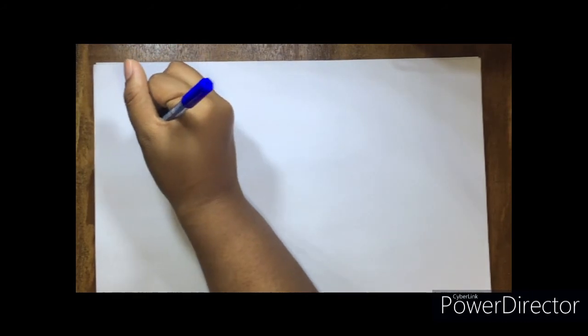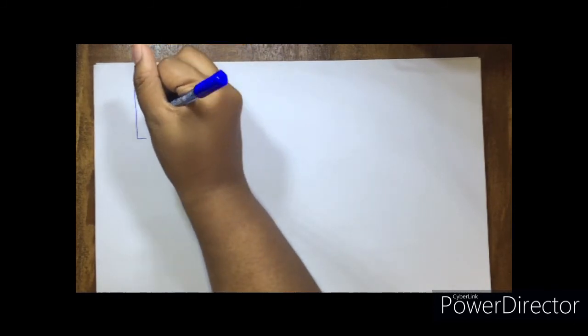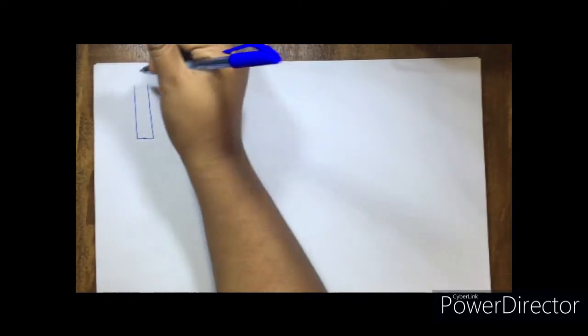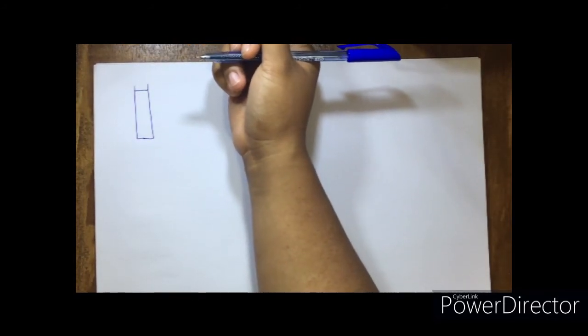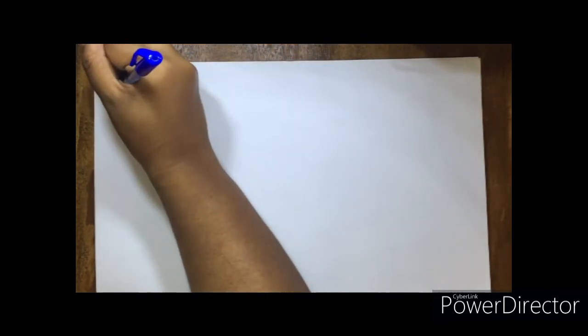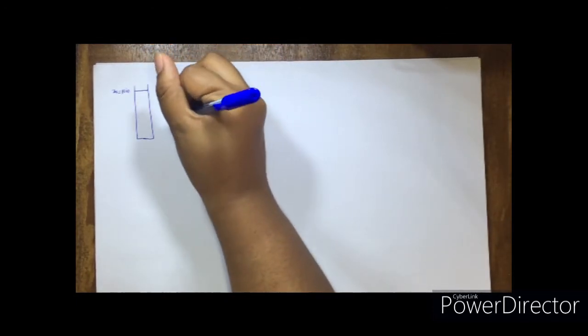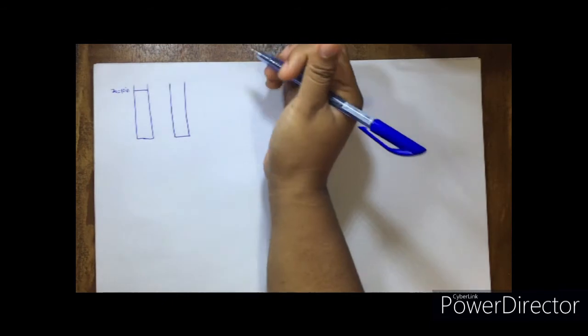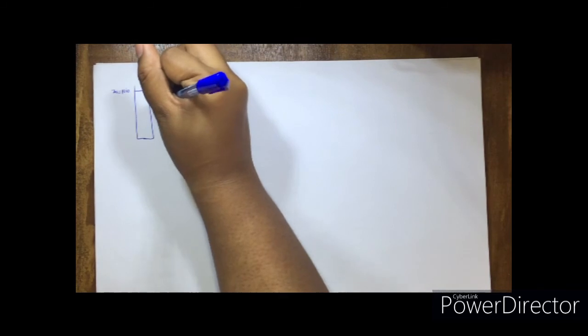Sedimentation, batch sedimentation problem. So let's illustrate the given problem. Originally, the height of our sludge before settling, we have 10 inches. And then it goes down to 6.5 inches.